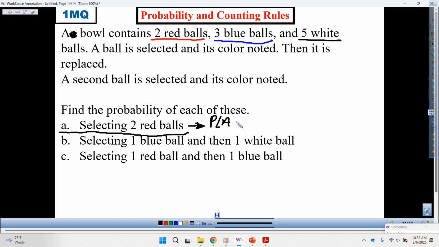P of A and B is the same as P of A times P of B. So, let me write it right above in blanks and tell your neighbor what you're going to write for each of those parts. Think about it. Think it through.